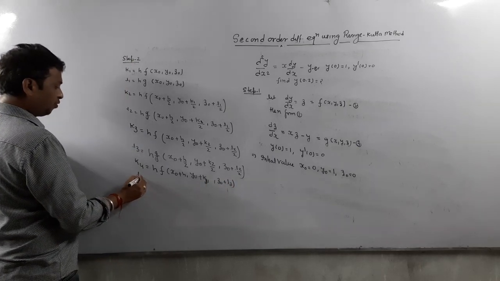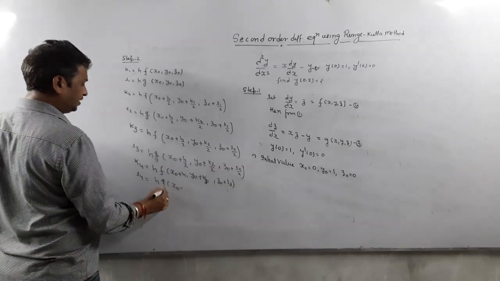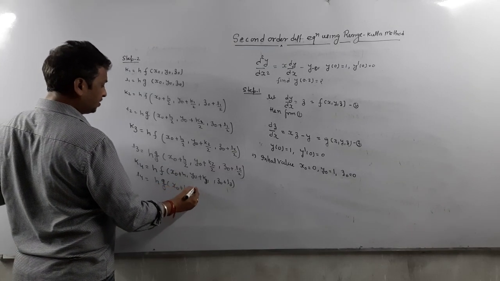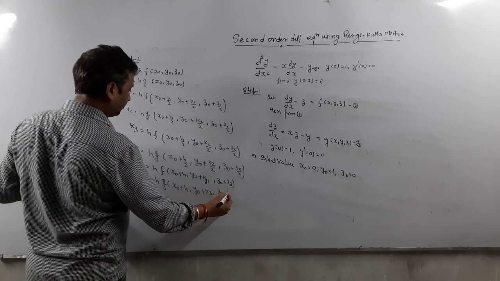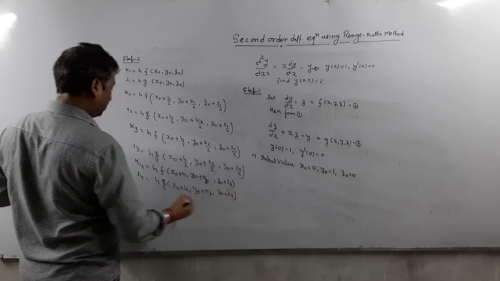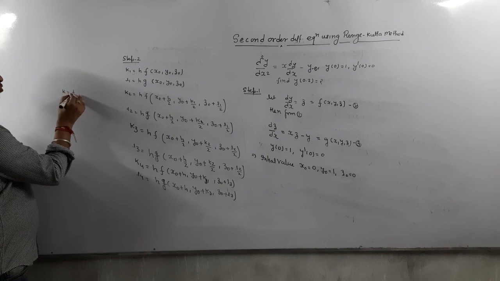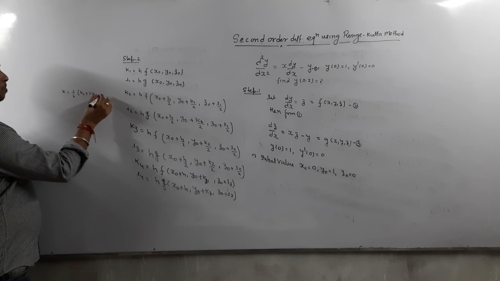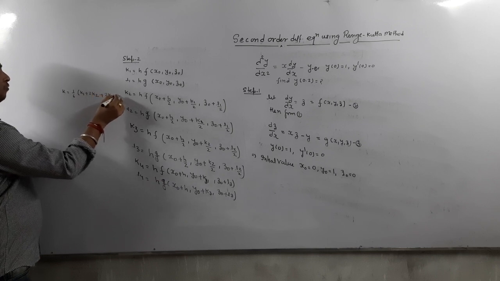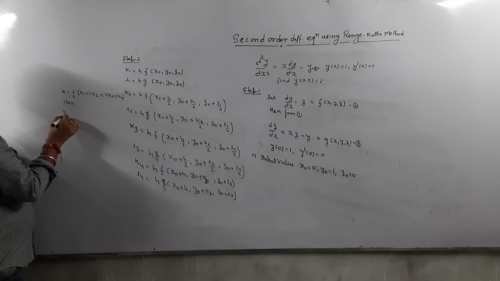What is your L4? h g at x0 + h, y0 + k3, z0 + L3. Once you have all this, just calculate the k value. What is the k value? 1/6 (k1 + 2k2 + 2k3 + k4). Then the final step. What is your y1? y1 is y0 + k.